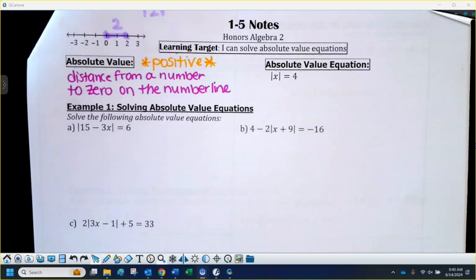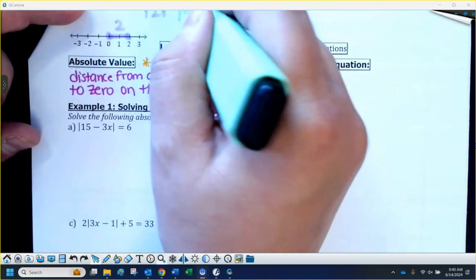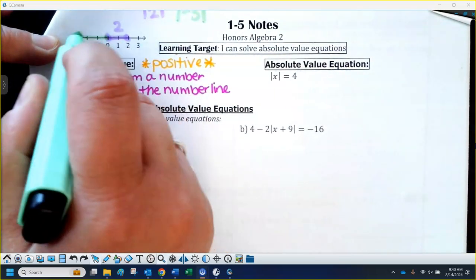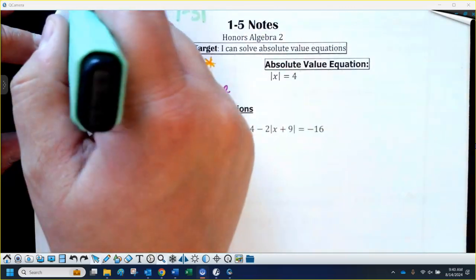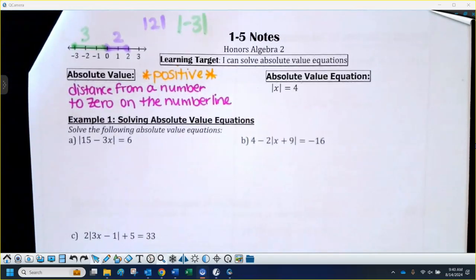But let's say we did absolute value of -3. Here's -3 on the number line, but to get that to 0, if I actually measured the distance, that's 3 units away. So distance is always positive, so that's going to be a positive number. If you get a negative number inside absolute value, the absolute value cancels it out. If you have a positive number, it just stays positive.